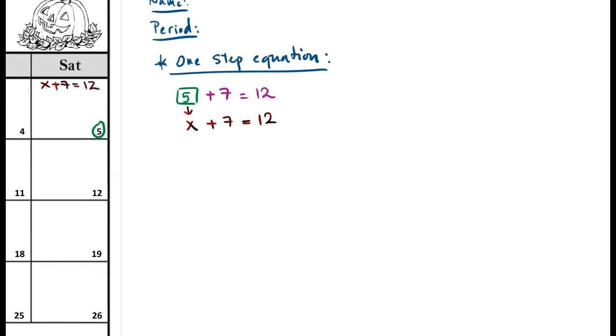To get x by itself, you subtract 7 on both sides. You will have x equals 12 minus 7, which is 5. You just create a problem that has the answer matching the date and the box that you chose earlier. That's it. That's problem 1.